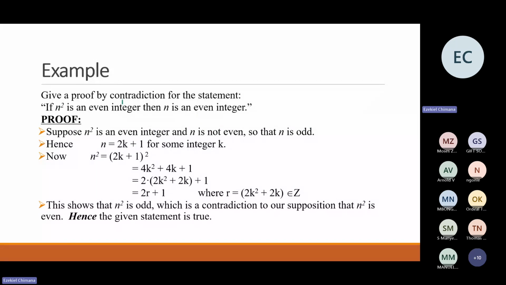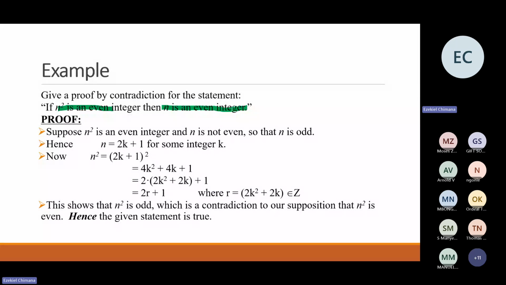So give a proof by contradiction for the statement: if n squared is an even integer, then n is an even integer. So you're saying, prove that if n squared is an even integer, then n is an even integer.